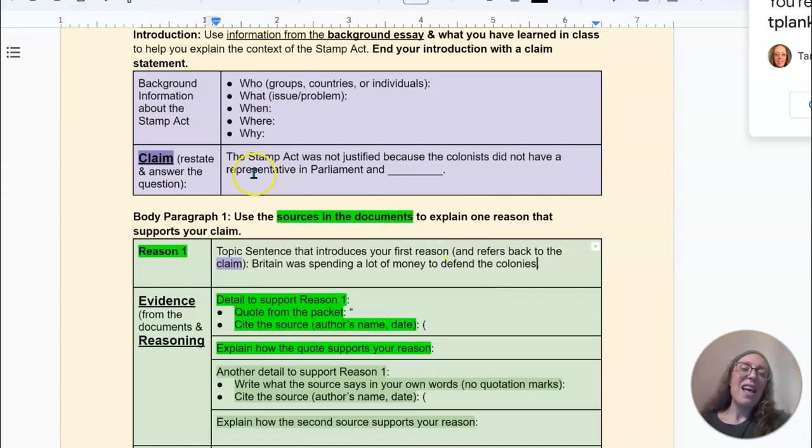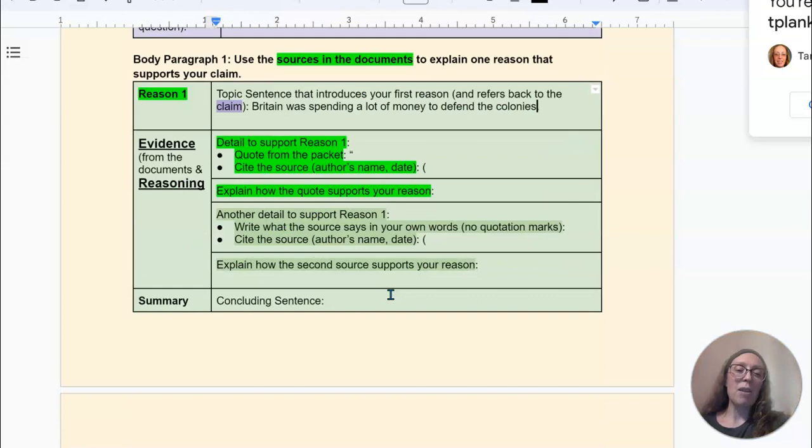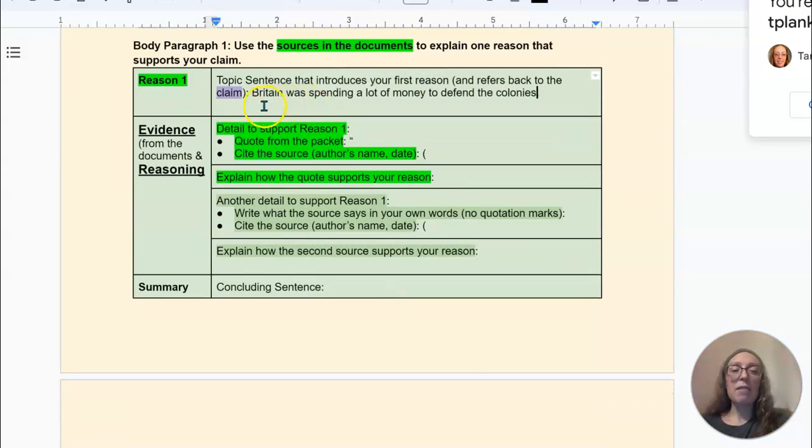So, my claim, if I say the stamp was not justified because the colonists did not have a representative, I'm going to be looking for evidence about representatives. Instead, for right now, I'm going to argue the other side, that it was justified, and Britain spending a lot of money is the reason that I'm going to use.